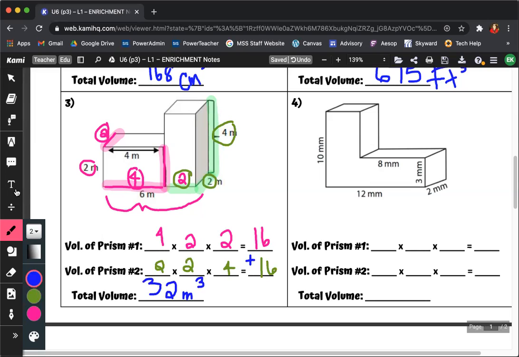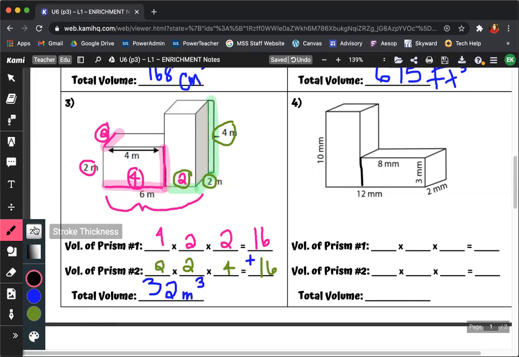All right, number 4. Again, it's not divided up for us, so I'm going to do that. I'm going to draw a little line right here. And then I'm going to highlight my different shapes.